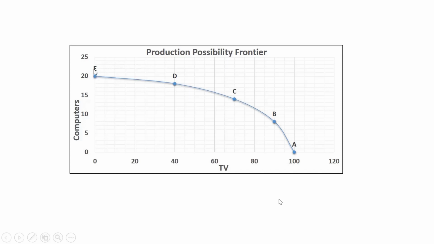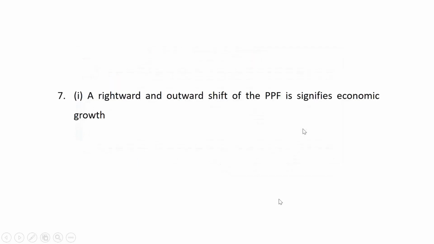So, shifting outward means that it's going to be within the region which we have considered as unattainable. So if the PPF shifts outward, certain combinations that were not attainable will now be attainable. In other words, we can produce more of each commodity, and that signifies economic growth. So a rightward and outward shift of the PPF signifies economic growth.